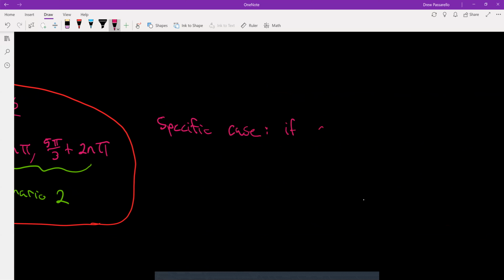So this will be if 0 is less than or equal to x less than 2 pi. Then we'd have x is equal to 0, pi, pi over 3, and then 5 pi over 3.